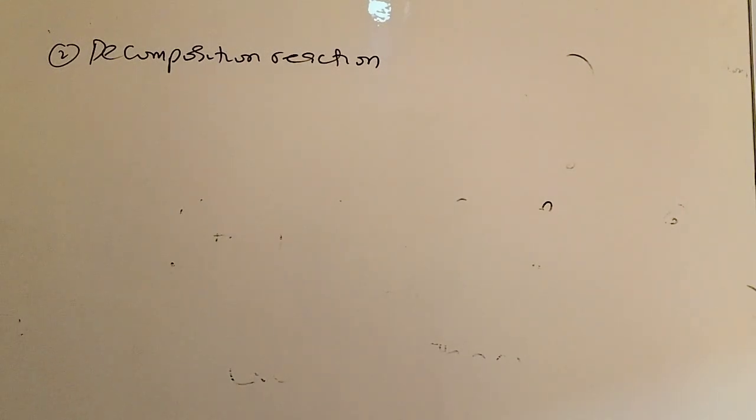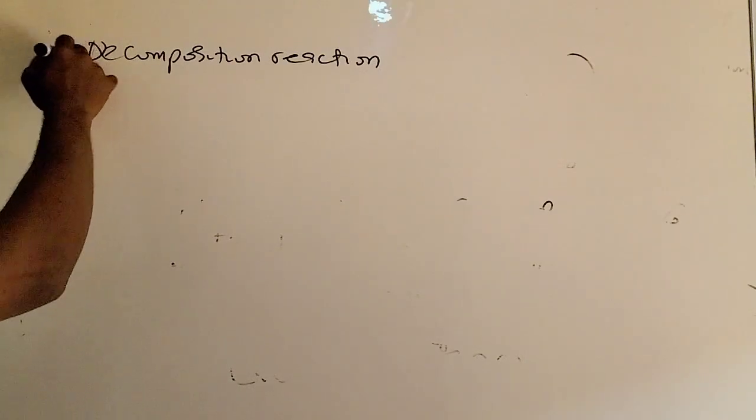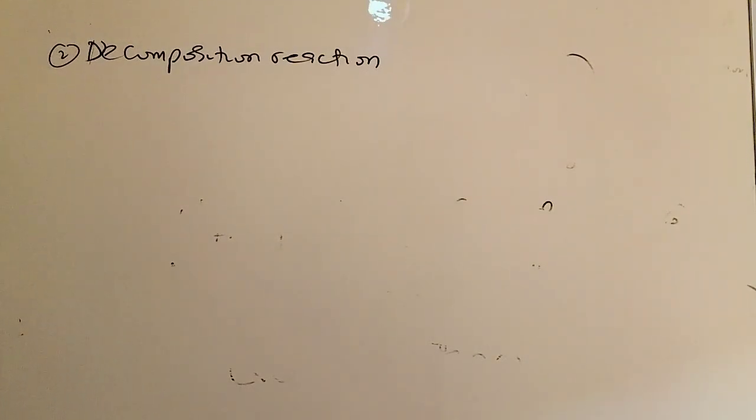So we have number 2 reaction called decomposition reaction. This reaction is opposite of combination reaction. You might say about combination, or synthesis reaction, we have two or more reactants combining to give us only one product.